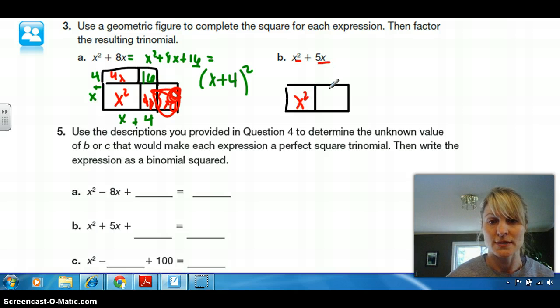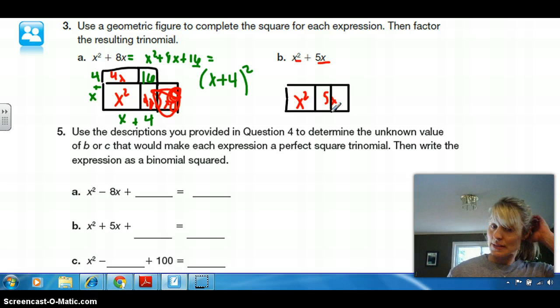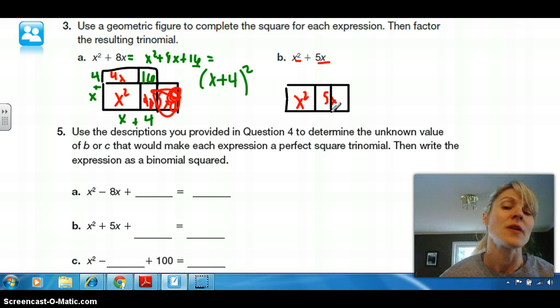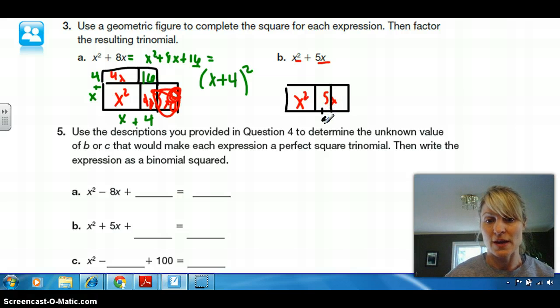Here we have 5x, so this goes in here. Now I want to split this in half. This is not an easy one because you're splitting 5 in half. 5 in half you probably know is 2.5 or 5 halves, because this one's going to be 5 halves and this is 5 halves, or 5 divided by 2.